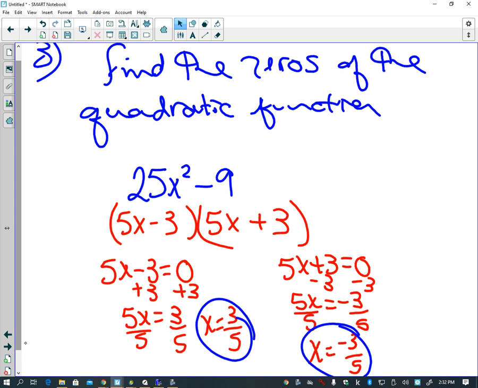Here, my answer comes out both positive and negative without my having to remember, because it forces me to come up with two solutions. Either way works.